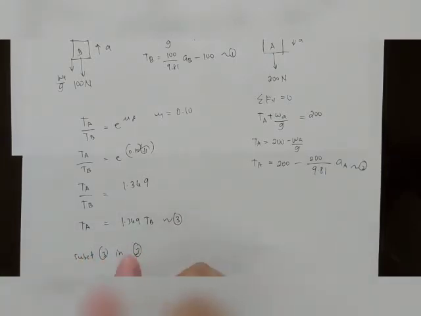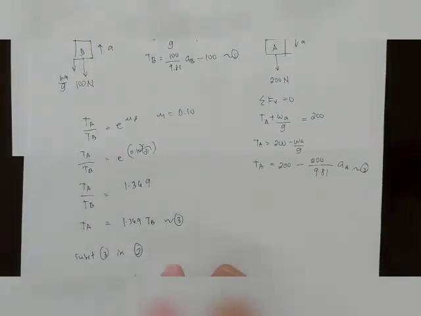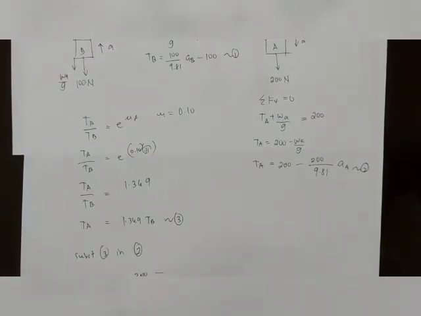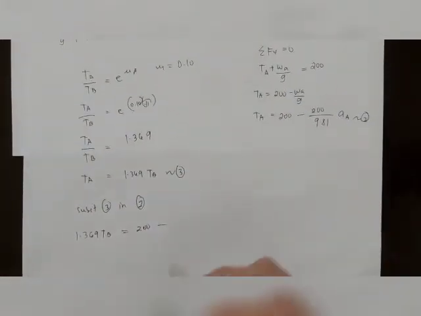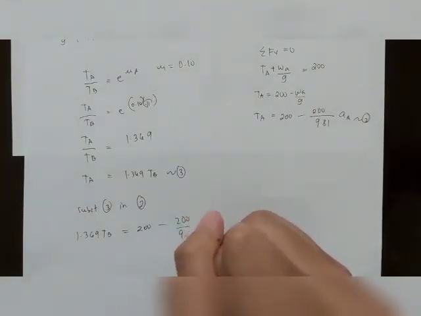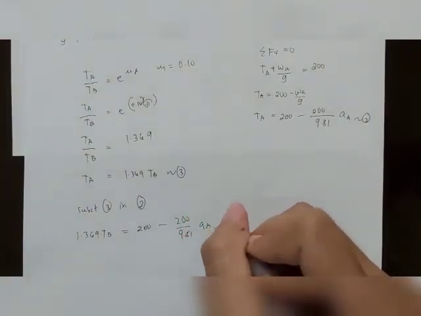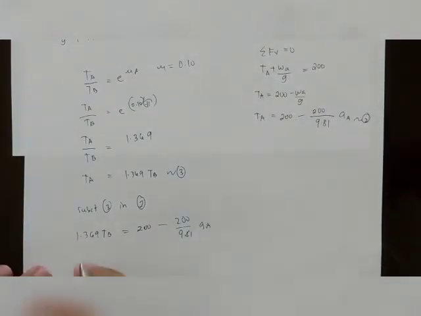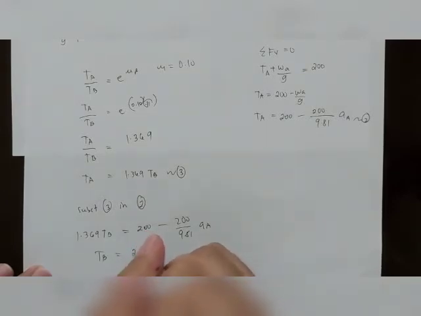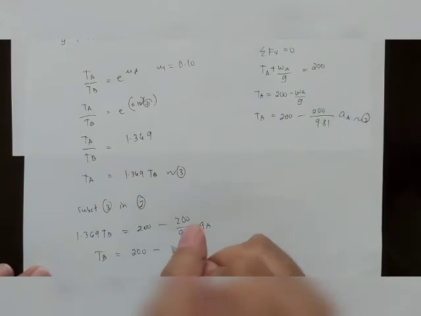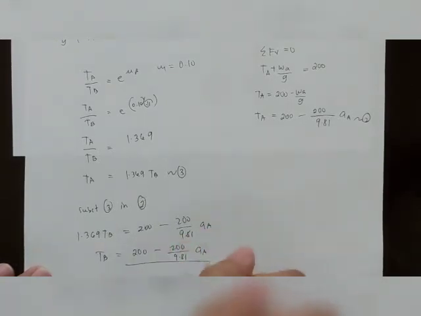So ito, substitute natin sa equation 2 is equal to 200 minus 200 over 9.81 times the acceleration A. So solving for this, we have TB is equal to 200 minus 200 all over 9.81 times A, acceleration of A, all over 1.369.